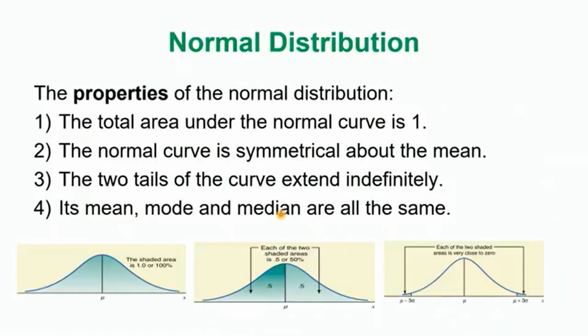The properties of the normal distribution, as we already explained: the total area under the curve of this distribution is 1. Total area means total probability is 1. Because it is symmetric, the left side and right side are each equal to half of the probability. The mean is in the middle of this curve, and the mean, mode, and median are considered the same in this distribution.